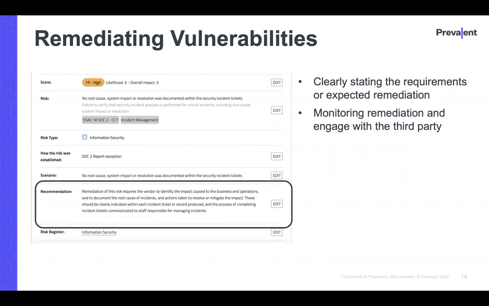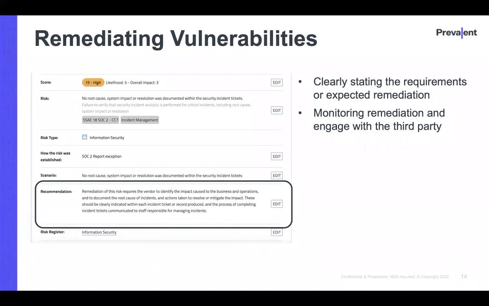And there should be clear visibility within every incident ticket or record produced that shows what actions are being taken. And then finally, perhaps we need them to enhance the method of how incident tickets are communicated and completed. So communication, staff awareness for those who are responsible for managing incidents.